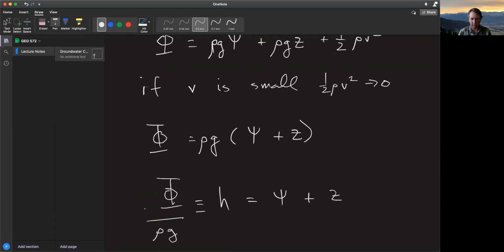It's no longer per unit volume of water because it's been divided by density, but it's the total energy in our water. And it's given solely by a length. And that length is determined by the height of the water above our point and the height of our point above the datum. And we call this the total head. This one is the pressure head. And this one is the elevation head.